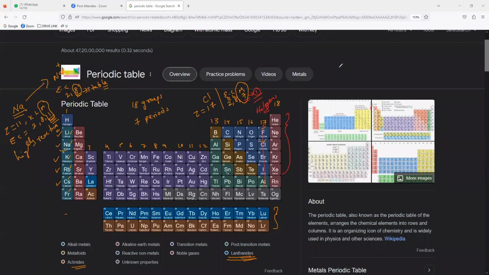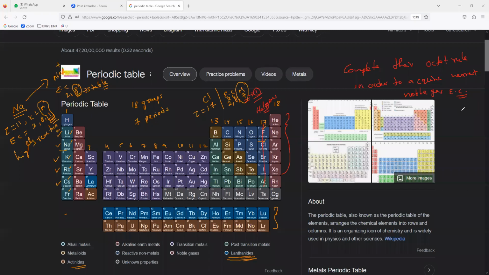The chemical reaction will take place to complete their octet rule, in order to acquire the nearest noble gas electronic configuration.